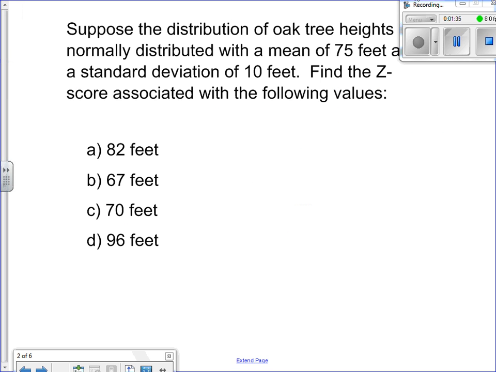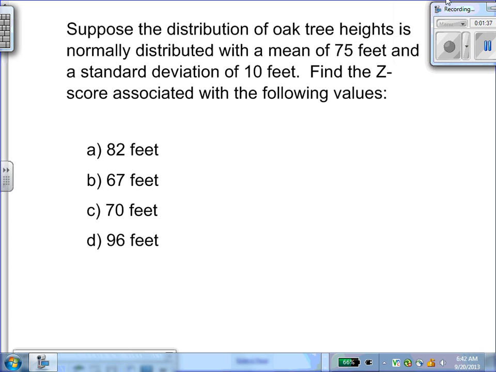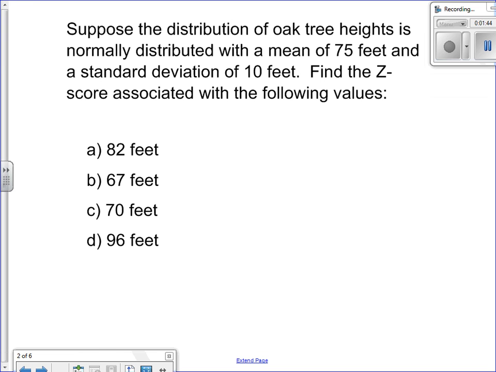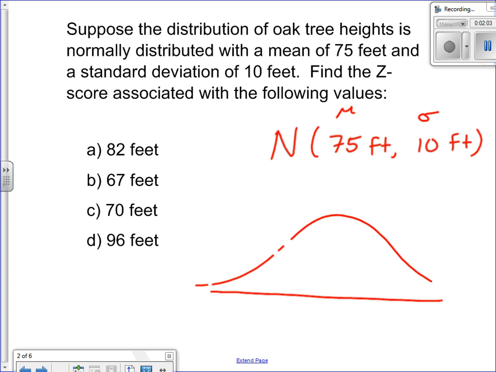Suppose the heights of these oak trees is normally distributed with a mean of 75 feet and a standard deviation of 10 feet. So we're going to find the z-scores associated with those. As we talked about in class Friday, we could go ahead and put that normal curve together with some of our marks here.